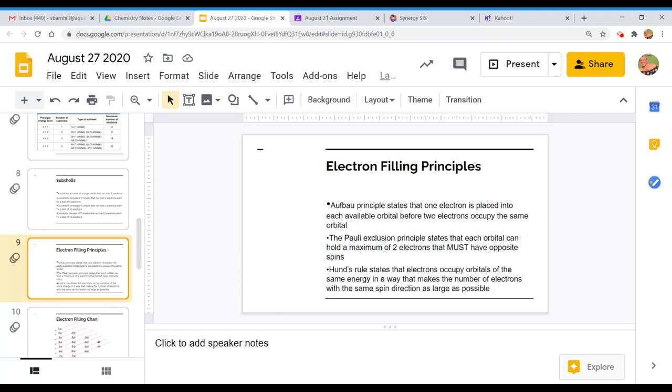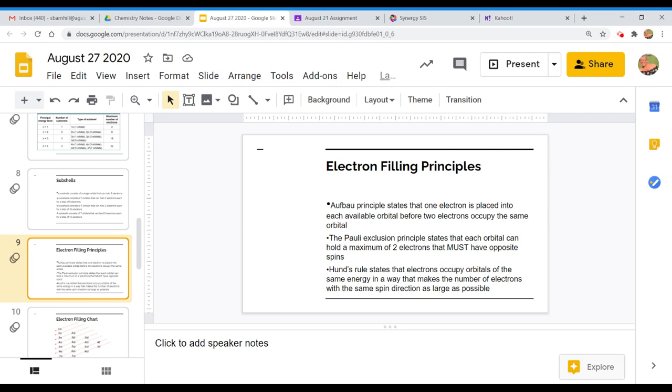Pauli exclusion principle states that each orbital can hold a maximum of 2 electrons, and they must have opposite spins. Then Hund's rule states electrons occupy orbitals of the same energy in a way that makes the number of electrons with the same spin direction as large as possible.